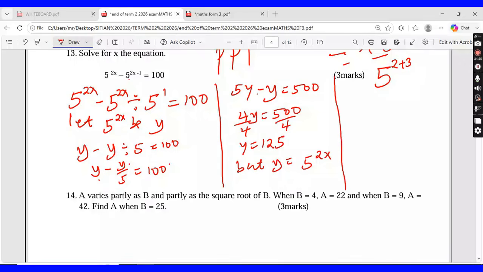So it means that 5 raised to power 2x is the same as 125, which is 5 raised to power 3. Now the bases are the same, so 2x is equal to 3. You divide by 2 both sides. x is equal to 1.5.